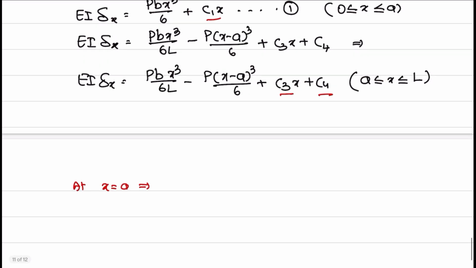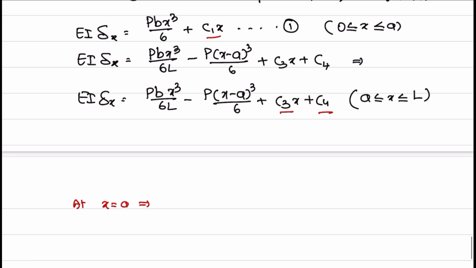At x is equal to A, from the first equation we get EI delta A equal to PB A cube by 6L plus C1A.